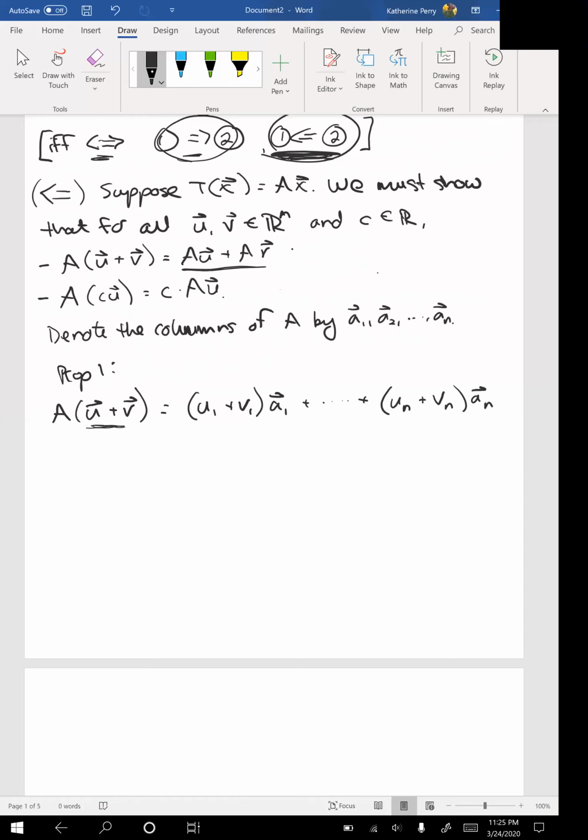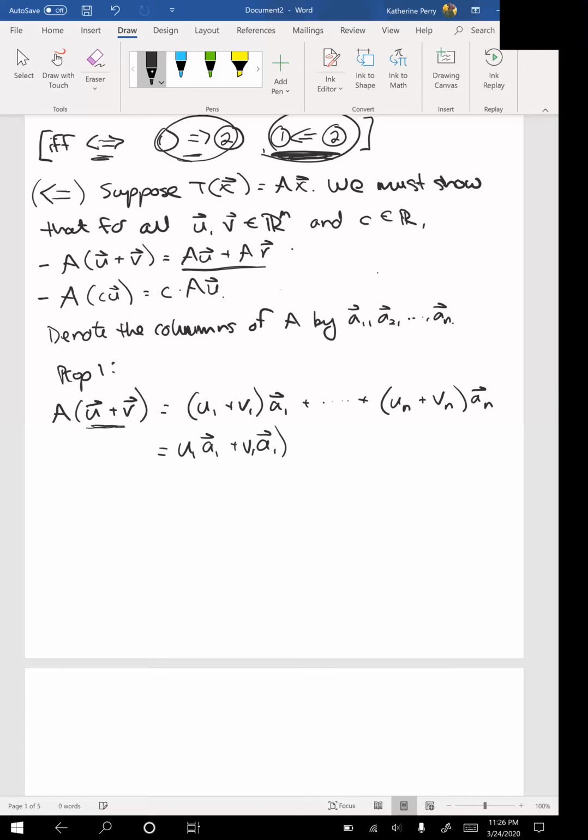Okay, and now I can use these rules of scalar and vector multiplication to distribute. So this is just some constant, or some scalar. This is the same as doing U1 times the column A1 plus V1 times the column A1.